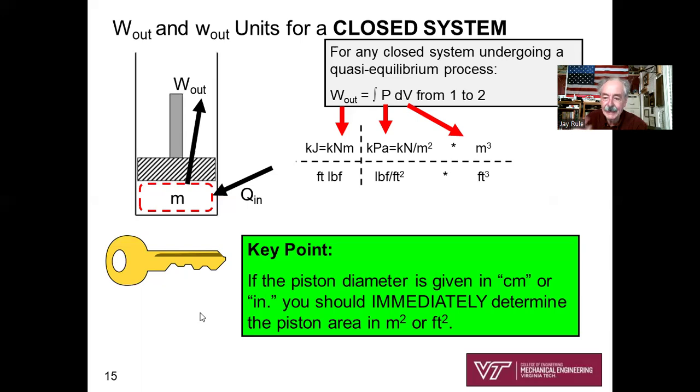I'm going to calculate that area in square meters or square feet, so that I can get my volume in cubic meters or cubic feet. That's a big key point of being very savvy and making good use of your time in problem solving. Immediately change to feet, and to square feet for an area.